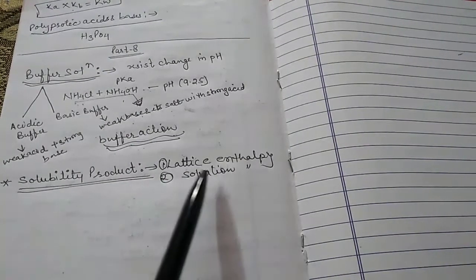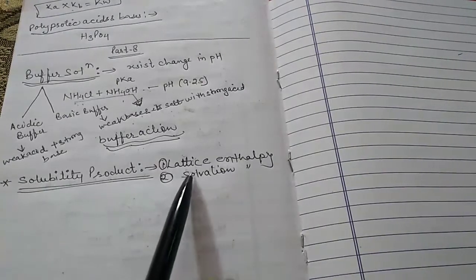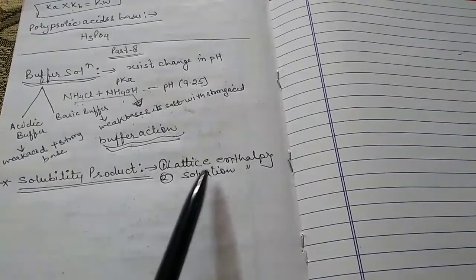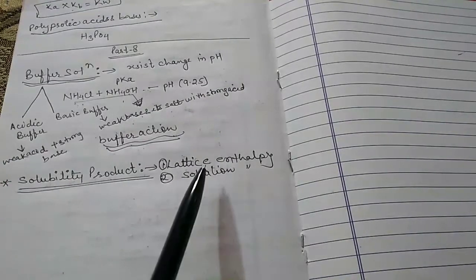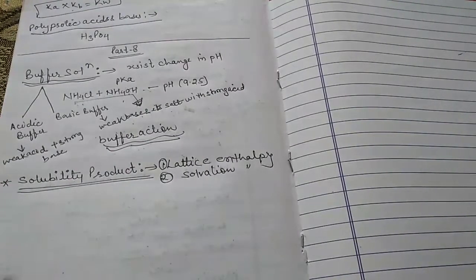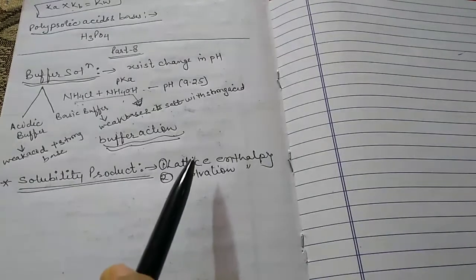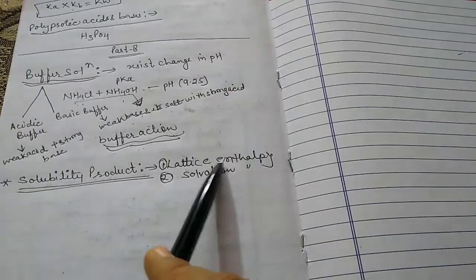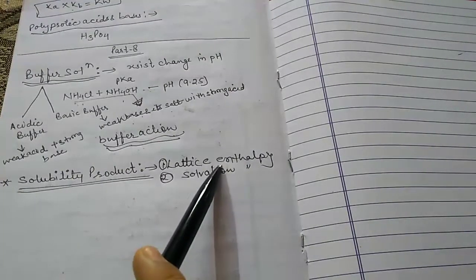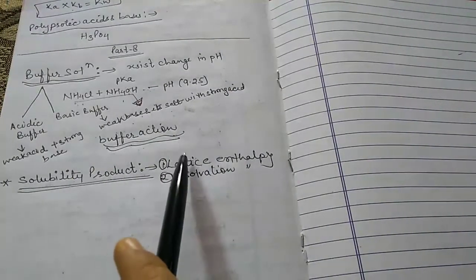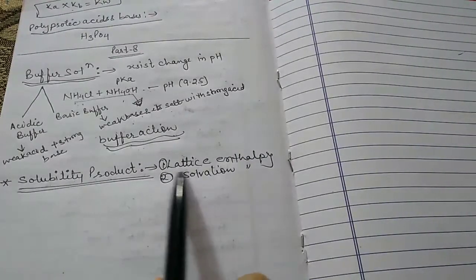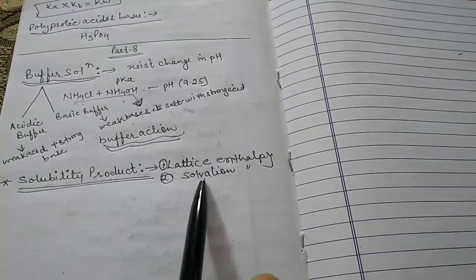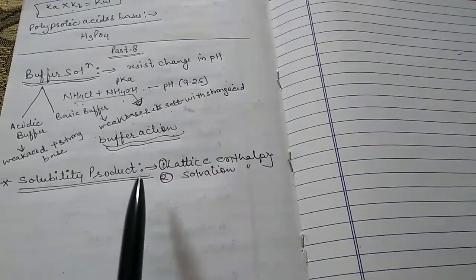Therefore, a salt will be soluble in a solvent only when the solvation enthalpy is more than the lattice enthalpy. If the solvation enthalpy is less than the lattice enthalpy, the salt will be insoluble.